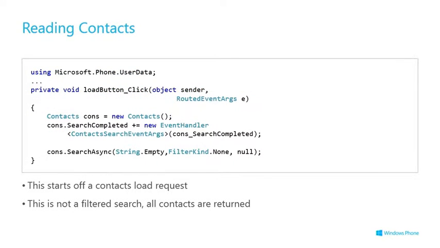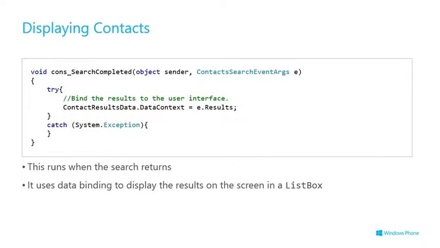The next thing you would do, again with this Contacts API, is hook up a SearchCompleted event handler and then call SearchAsync. That's an unfiltered search, so that will give you all the contacts that are on the phone. In the ContactsSearchCompleted handler, you get back a ContactsSearchEventArgs object, which has a Results collection.